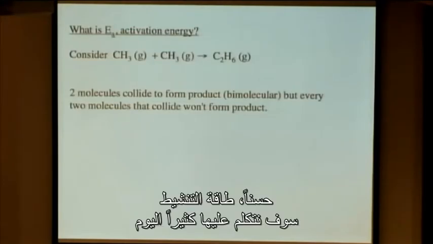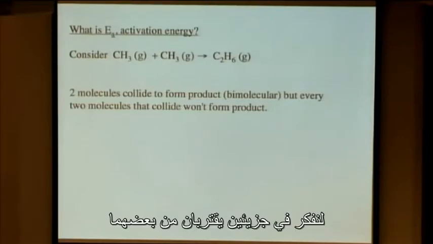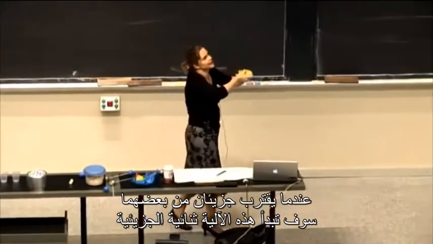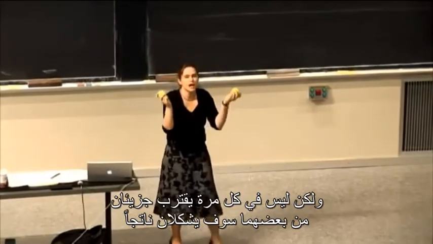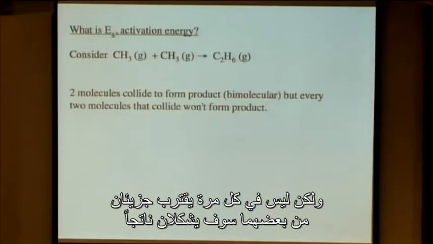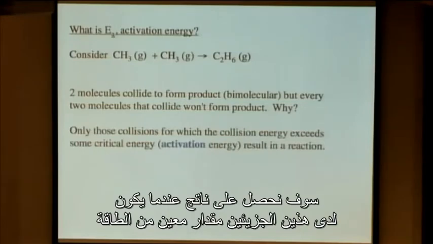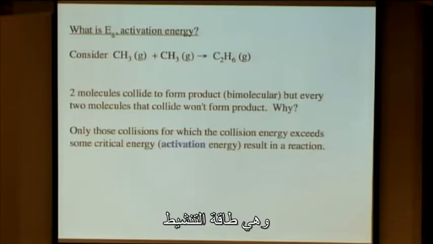All right, so activation energy. We're going to be talking a lot about this today. So what is it exactly? Let's think about two molecules coming together. When two molecules come together, you have this bimolecular process going on. But every time two molecules come together, they're not going to go on and form a product. You're only going to form a product when those molecules have a critical amount of energy, the energy which allows them to react, that activation energy.